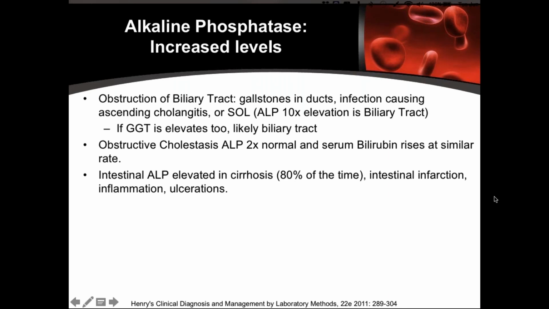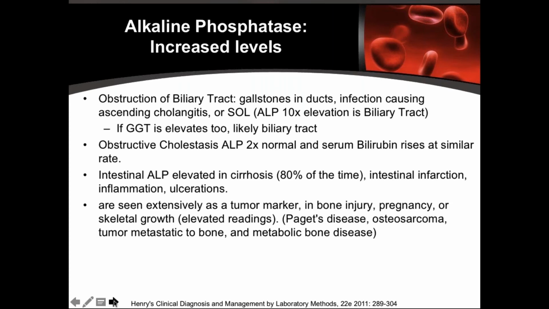We mentioned earlier that there are other types of alkaline phosphatase. If the intestinal alkaline phosphatase is elevated, then you would be thinking cirrhosis of the liver, intestinal infarct, inflammations and ulcerations. That's going to be that businessman in the mid 50s to mid 60s who's been traveling a lot, eating a lot of bad food, drinking a lot of good alcohol.